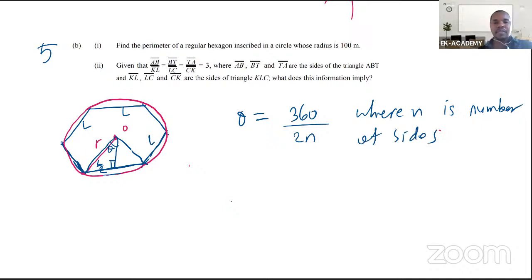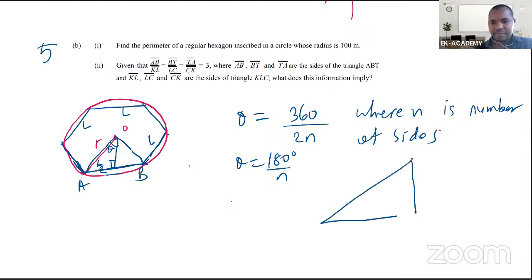So theta will be 180 divided by n, dear friends. We consider the triangle OAB. In triangle OAB you have L over 2, you have 180 divided by n, you have radius R.